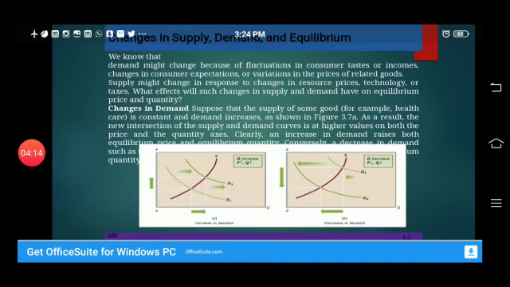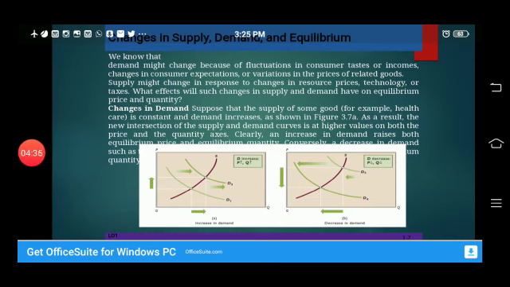Now, after studying market equilibrium, you will see the change in supply and the change in demand. We will see what happens if the demand changes and what happens if the supply changes. Remember that when demand increases, it moves rightward, and when demand decreases, it moves leftward.